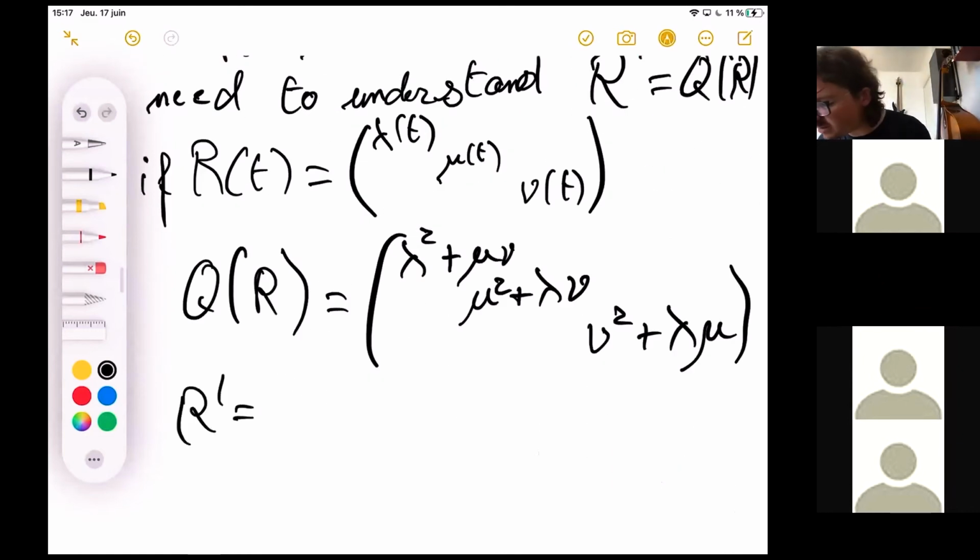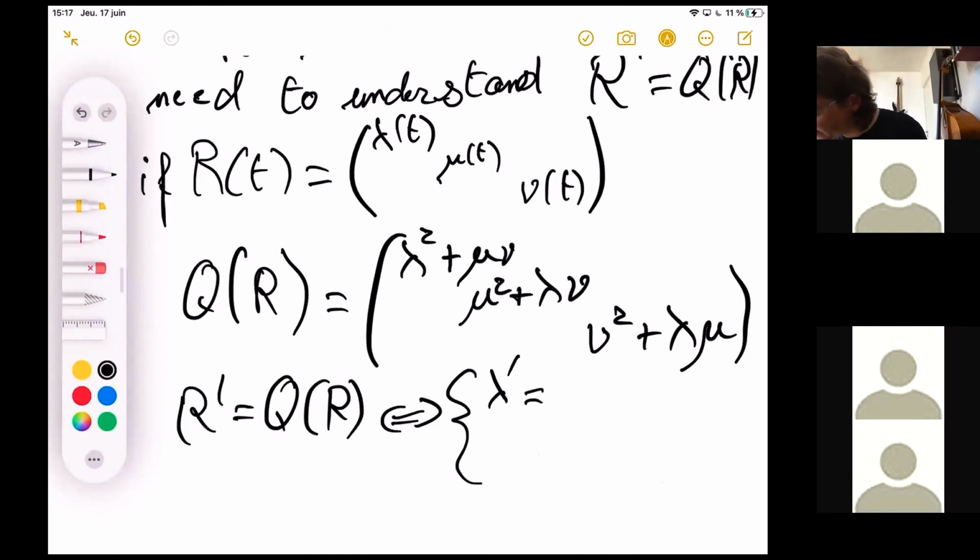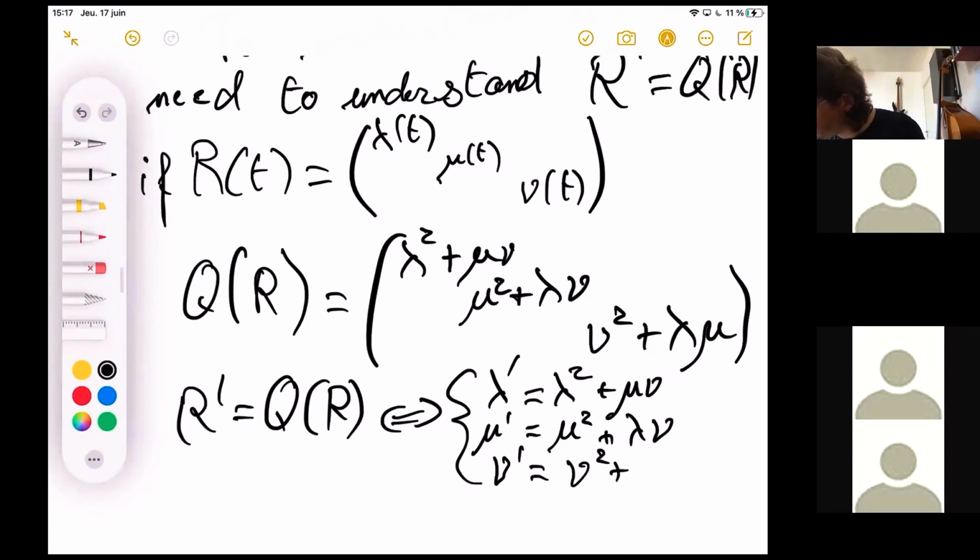So R' equal Q of R is then equivalent to the following system of three ODEs.